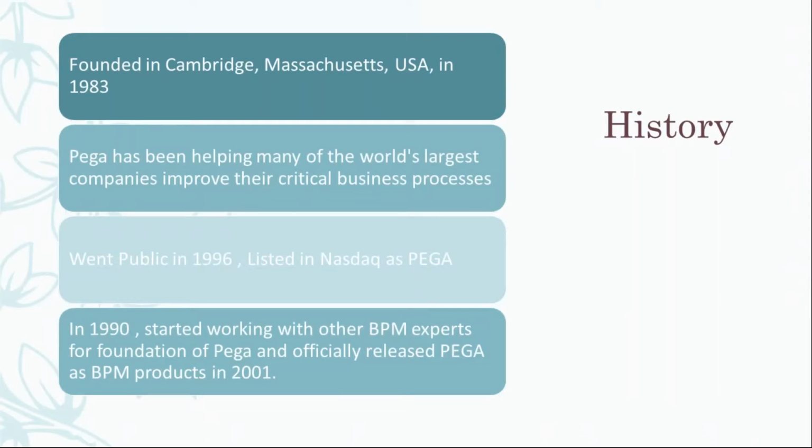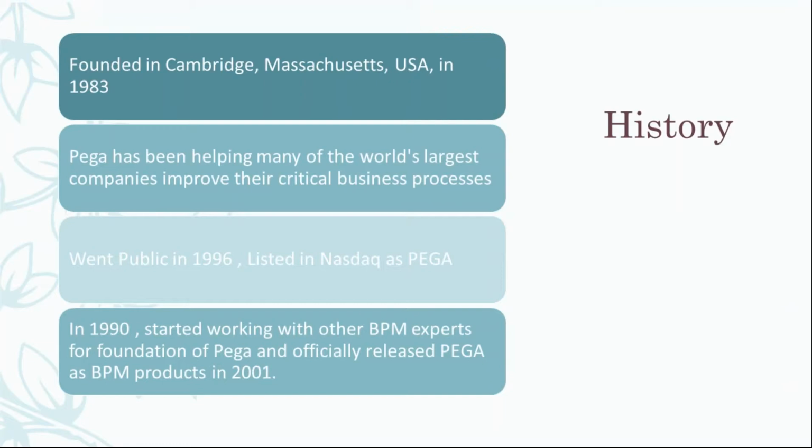So this is a little history about Pega. Pega started in 1983 as a company in Cambridge, US, founded by Alan Trefler. They did not start with the Pega BPM product. Initially they supported big companies like American Express with middleware. During the 90s they ran into financial troubles and a lot of problems, and at that time they formed a team with BPM experts to create some tools.